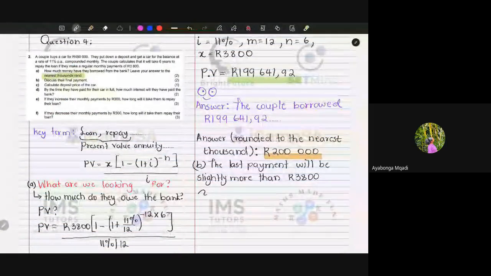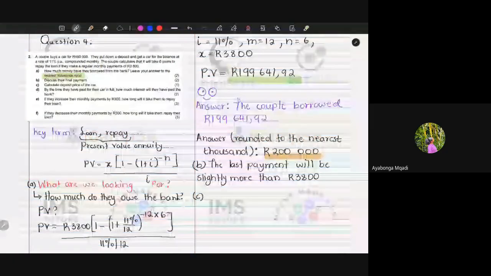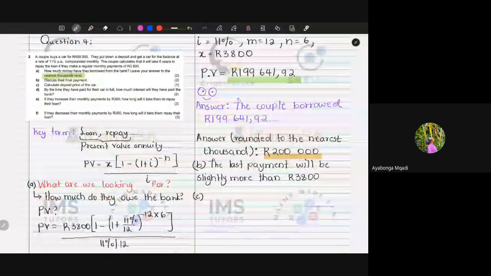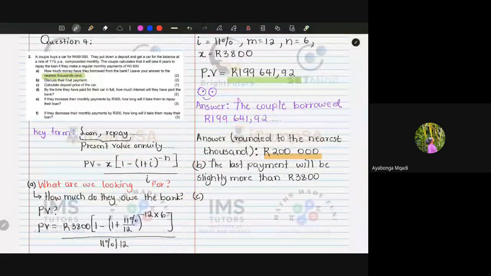So how much did we put as a deposit? Because if we didn't have the deposit, guys, we're going to owe the bank 450,000 for the car. But the partners did something such that they owe the bank 200,000 when they are starting. So how much was the deposit? Anyone? 250,000. So deposit amount.